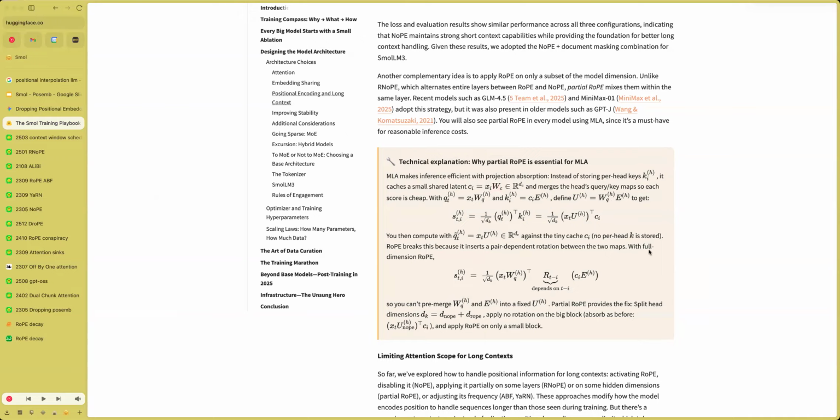We can pre-multiply them beforehand, and we don't actually need to unembed the latents into actual K and Vs. No, should be Qs, right?